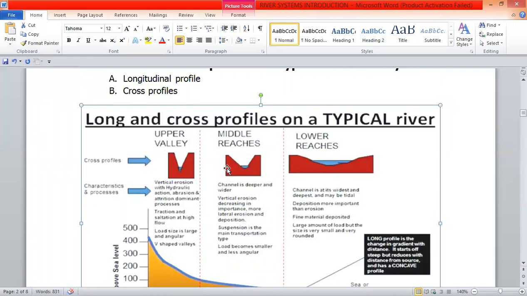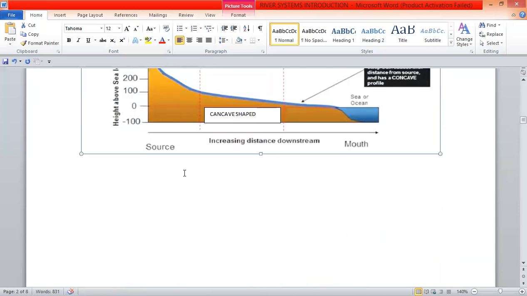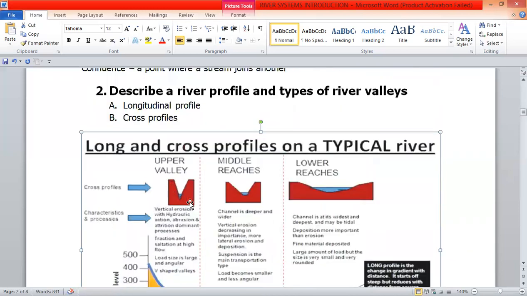Then the second profile, we said, is the cross profile, or we normally know it as cross section. The cross profile is the profile that is showing us the view of the stream across from this bank to this bank. So here we are looking at a view when you cross a stream at a particular point from this bank to the other side.